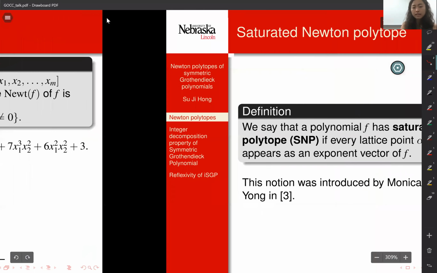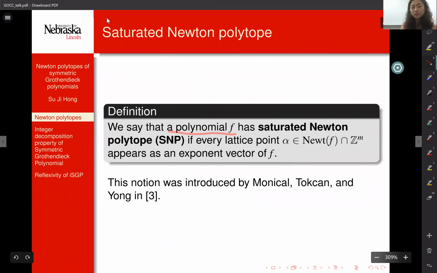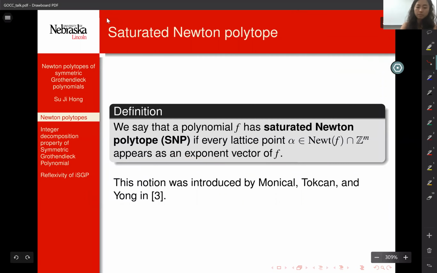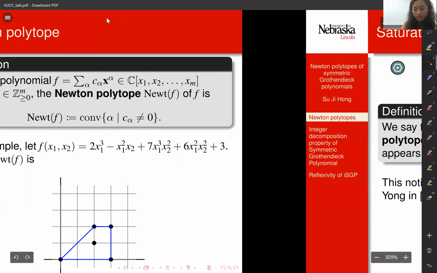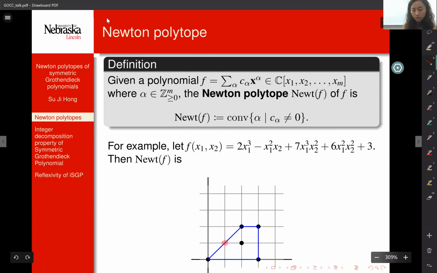And we say that a polynomial f has saturated Newton polytope if every lattice point alpha on this Newton polytope appears as an exponent vector. This notion was introduced by Monical, Tokcan, and Yong in their paper. If you look here, you can see that 1, 1 is a point on this Newton polytope, but you don't see x1, x2 in this polynomial.